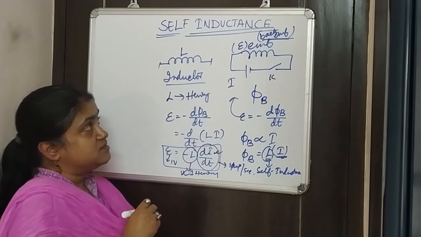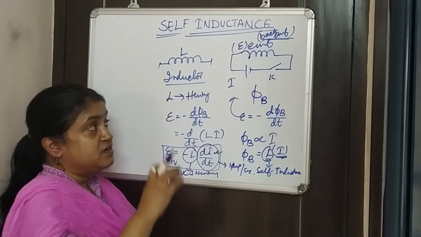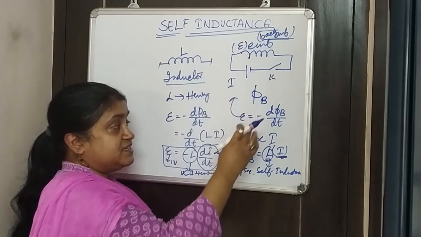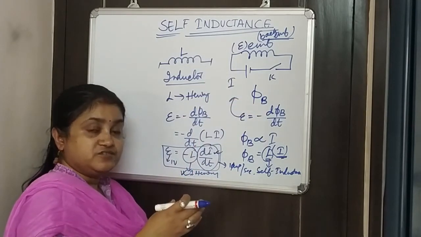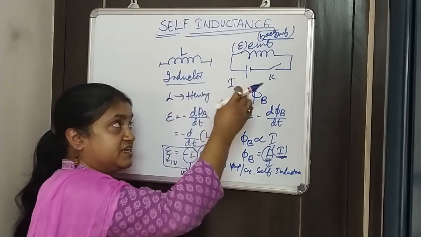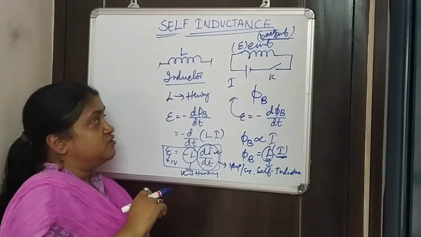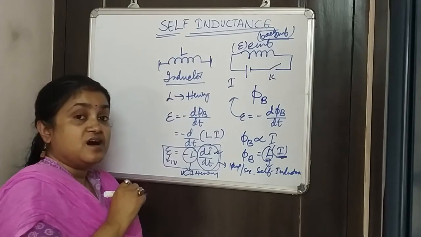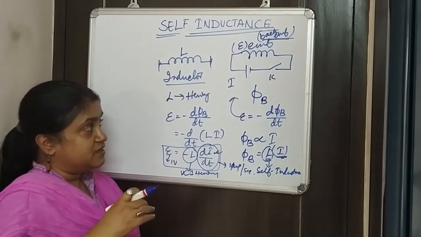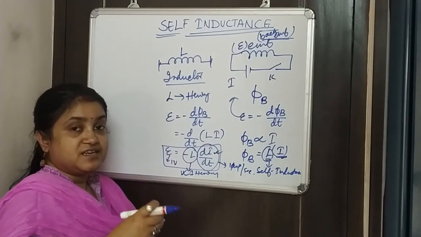So this is a very interesting thing where we see that the circuit element is opposing any kind of change of current in the circuit element. That's how these inductors are like how we have resistors and capacitors.